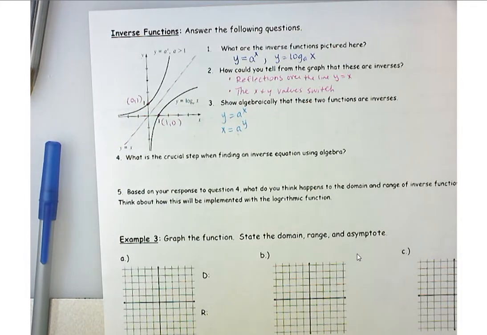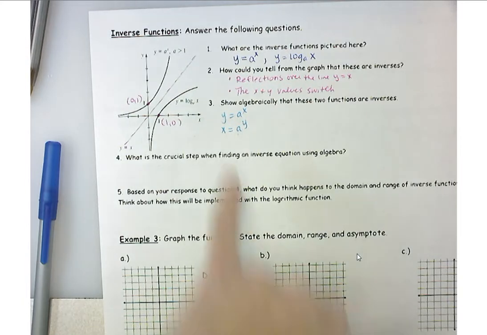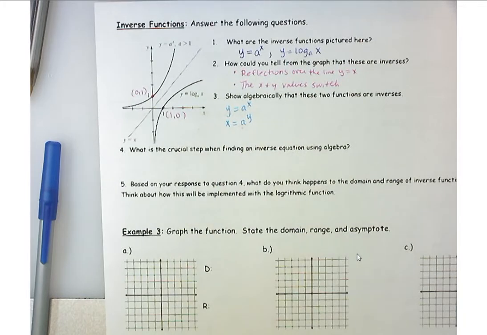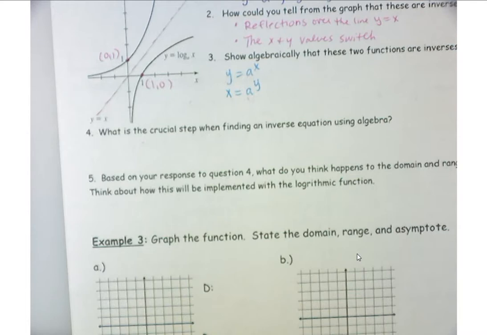Whenever you're finding an inverse, first step, switch your x and y. Now we have to solve. So I am going to solve for y, which means I have to get rid of that base. And how can I do that? How can I get rid of my base of a? Log base a. Sorry.